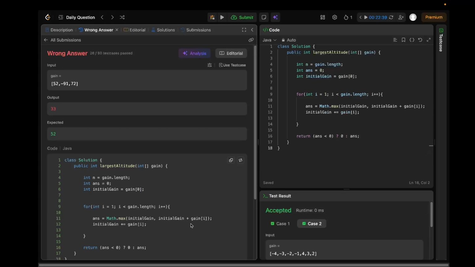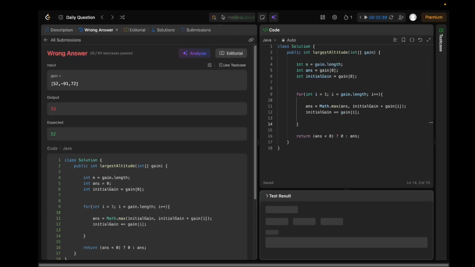Oh, I see. Because I'm modifying initial gain again. Okay, one second. I should leave answer also equals to gain bracket 0. Let me leave answer here. So I don't modify the answer back and forth, but I just only modify my second part.